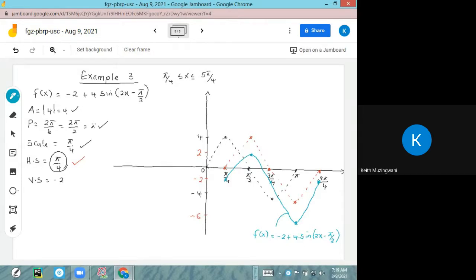So if it was cosec, when you get to this point, then you involve the vertical asymptotes, and where it faces up, you take it down. So here we use the blue line.